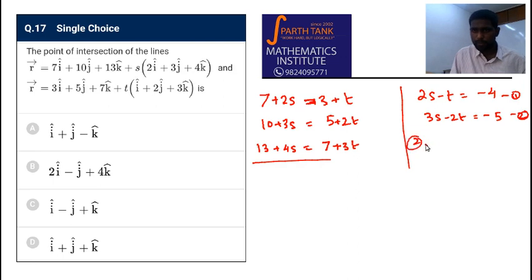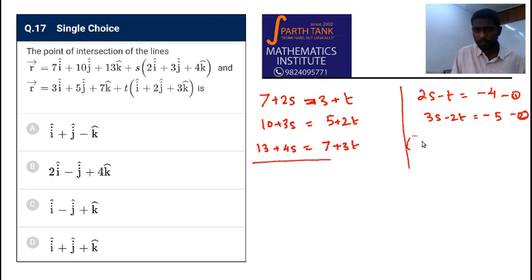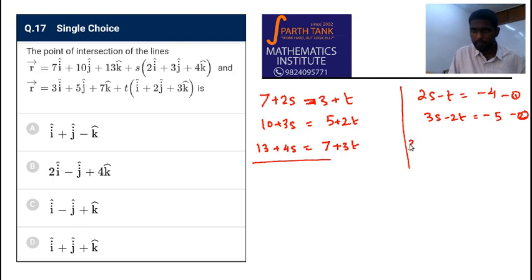2 times equation 1. So 2 into 1 will be 4s minus 2t is minus 8, and 2 you write it straight away, 3s minus 2t is minus 5.